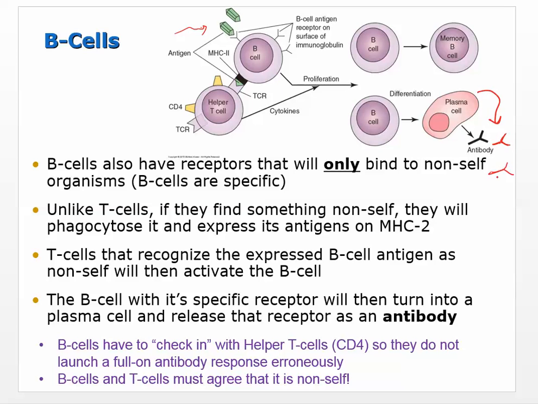Once the B cell starts flooding the blood, the interstitial tissue, the interstitial fluid, the extracellular fluid, everywhere in the body where there's fluid, these antibodies will be. And at that point, whatever the pathogen wants doesn't stand much of a chance.